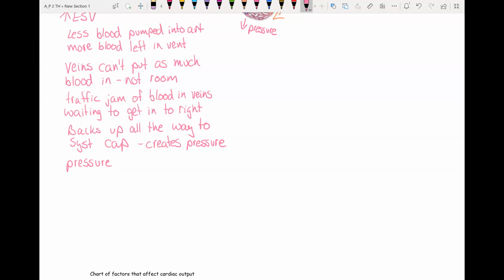And this higher pressure is able to push the water out of your capillaries, even though your plasma protein is trying to hold on to it. The pressure is more powerful.